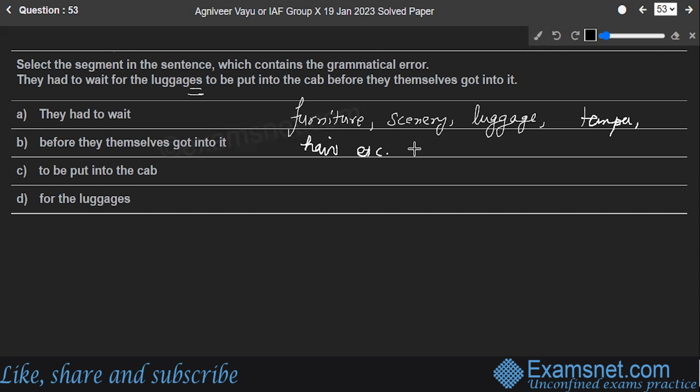Like I can't say the sceneries at my friend's house enchanted me; it will be the scenery at my friend's house enchanted me. So we cannot use the word sceneries. Similarly, luggages is not a word, it should have been the word luggage. So this part of the sentence is containing the error. Option D.